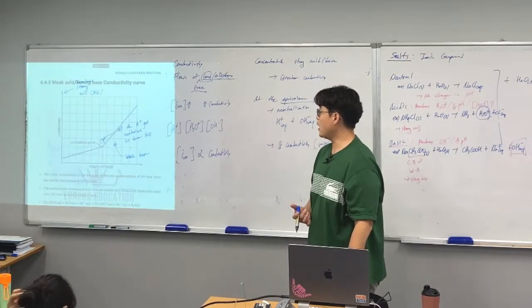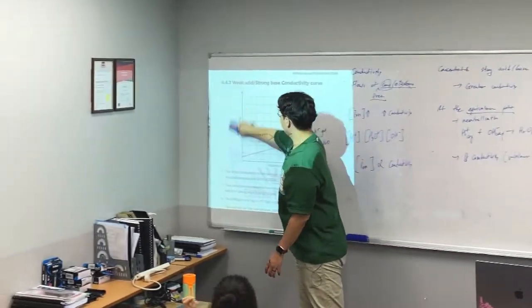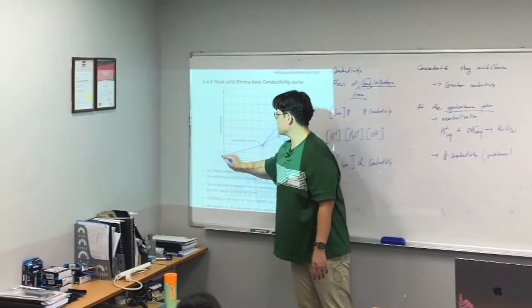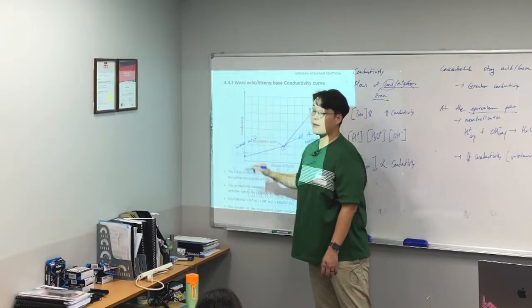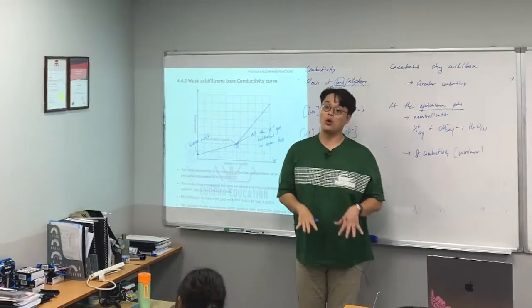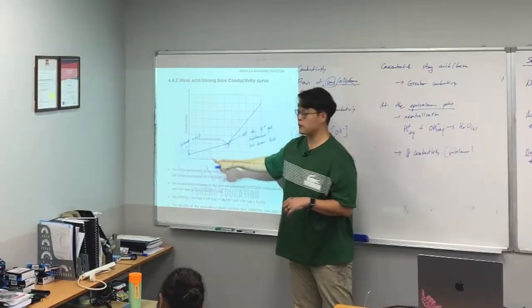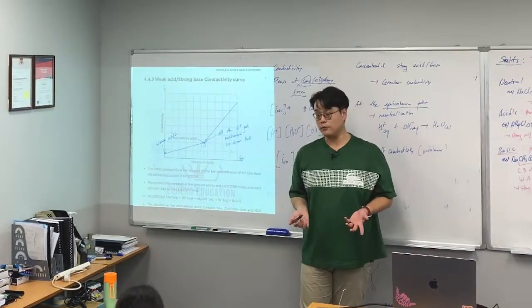Now, the opposite is this. We have a weak acid to the strong base. So what you see here now is, we started from the weak acid. And as you can see, the weak acid has lower conductivity than at the equivalence point. It's simply because they do not have much free ions available.